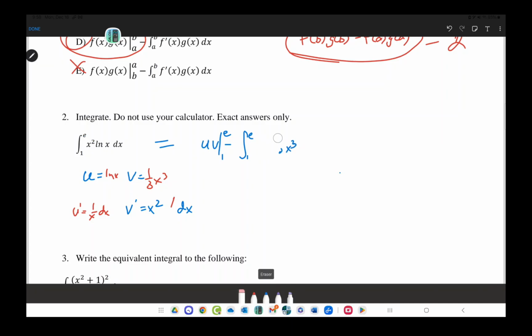Sorry, I'm jumping steps. Let's not do that.